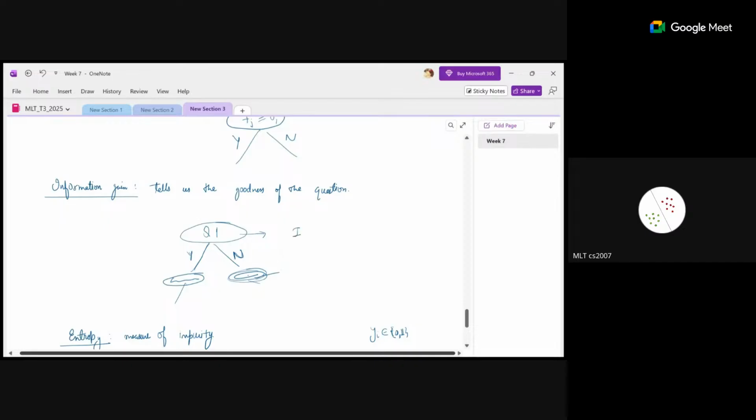Okay, so information gain basically checks the entropy of your data set.